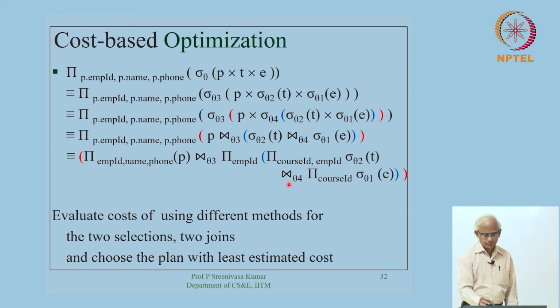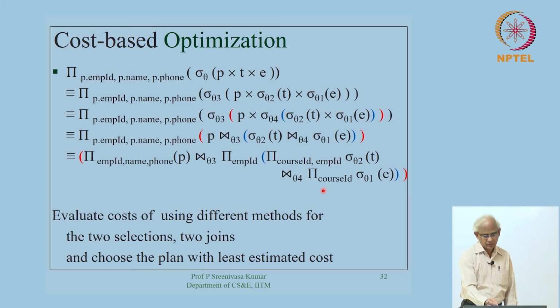You figure out the applicable methods, and make use of these formulas or any estimates that are available in the catalog, to figure out the costs for the different kinds of plans.